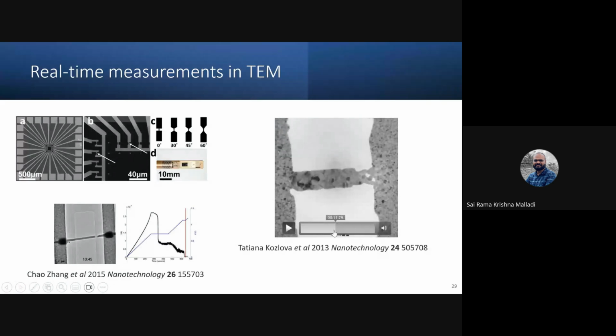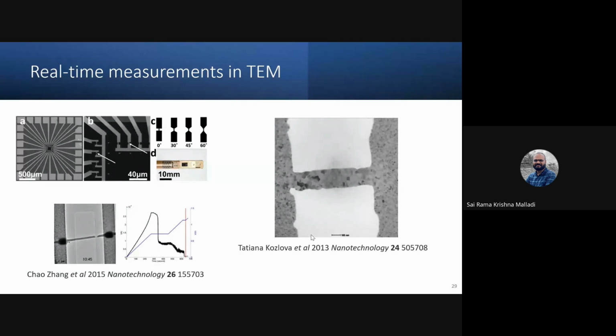This phenomenon is called electromigration, and a hole is created here, and all the material is transported in this direction. And when I reverse the bias, the material can get deposited in the other direction. By application of this forward and reverse bias, you can create a device which can be used as a memristor.